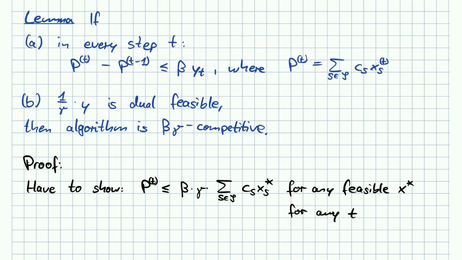So at all points in time, the cost that we've incurred is no more than this factor beta times gamma times the cost of any solution, so in particular the offline optimum. Good.